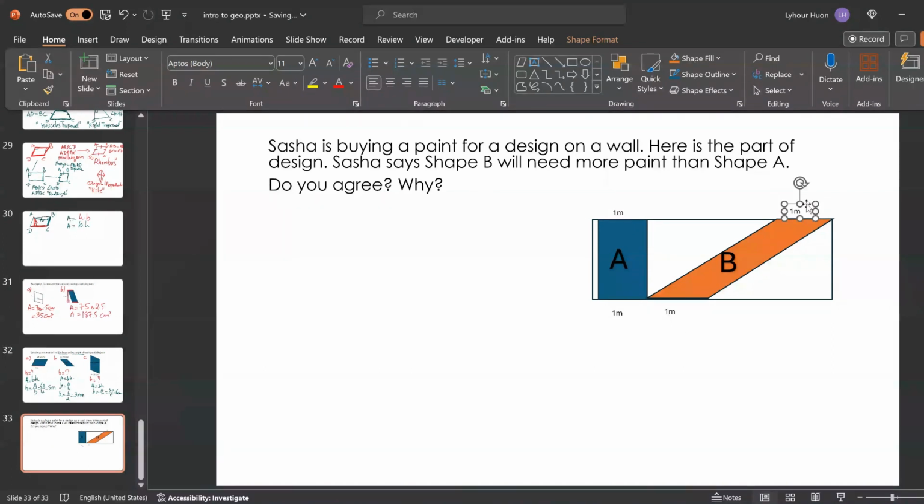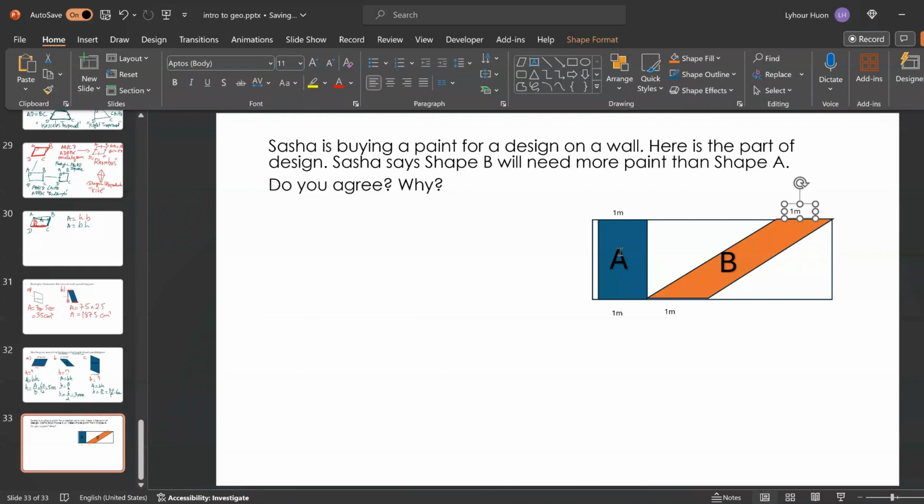So, these are the figures. The blank one, the white one, is the wall area, but it hasn't been painted yet. For the rectangle shape, the A is painted in blue, and the B, the parallelogram shape, is painted in orange.